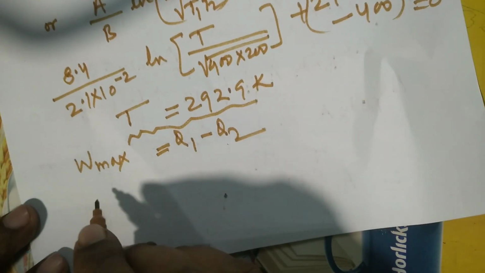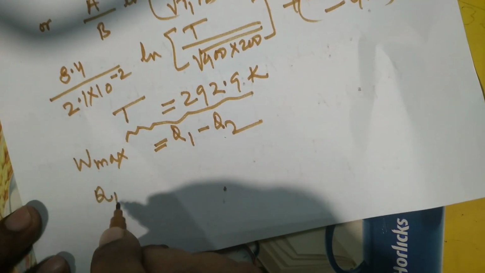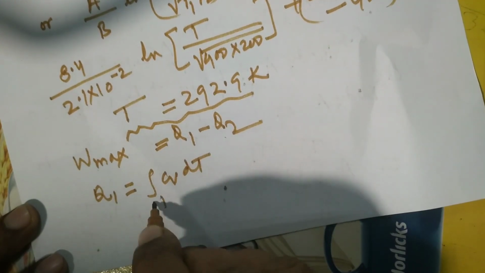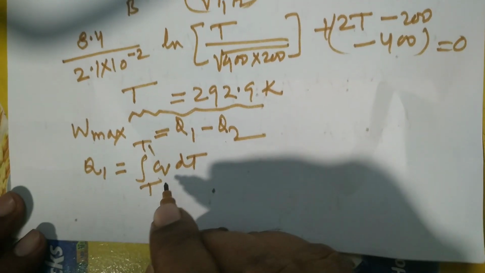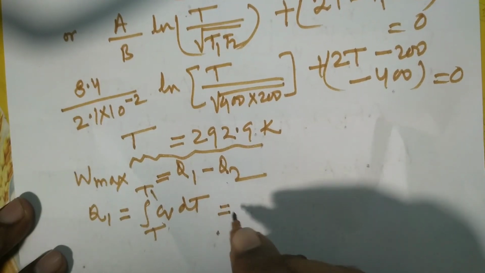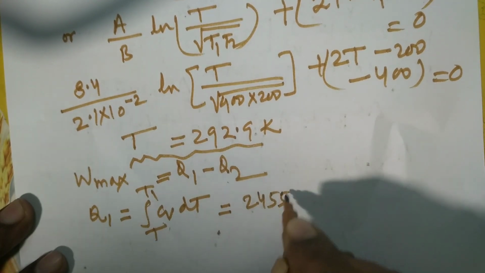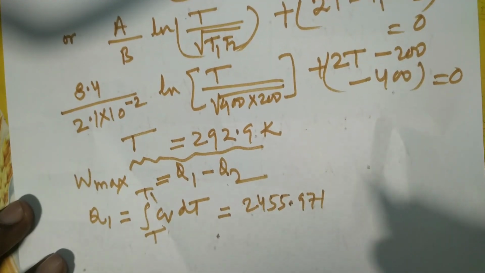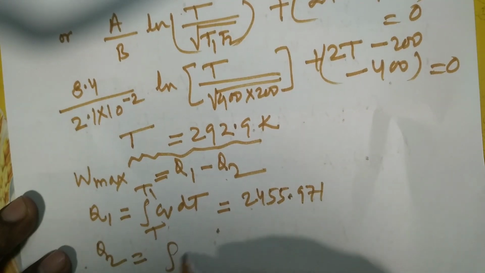Q1 will come out as the integral of C_B dT, and the limit is from T to T1. This is in fact Q1. So this is equal to 2455.97. This is the heat removed from the body A. Similarly, Q2 can also be calculated, integral of C_B dT.